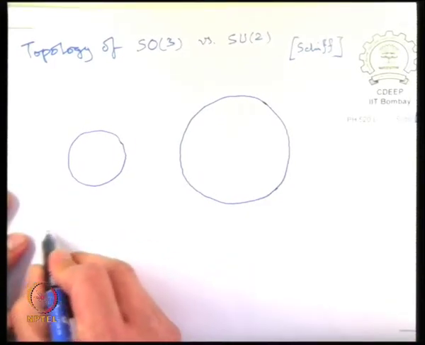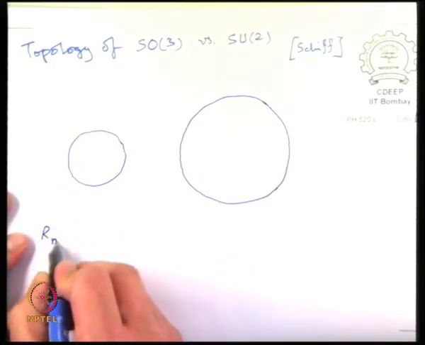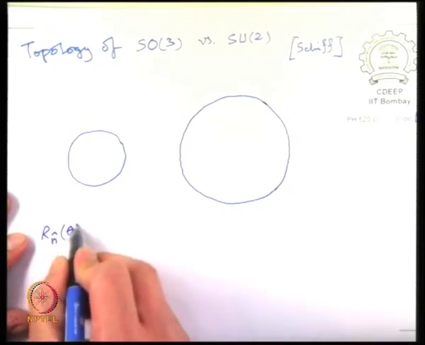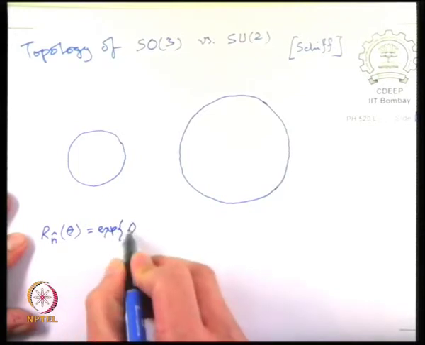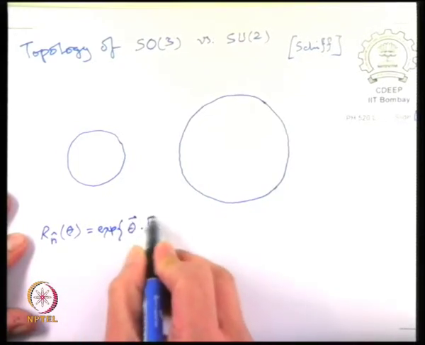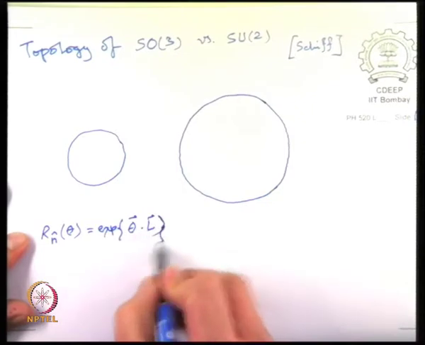So we want to represent something like R of n cap theta is exponent of theta times n cap dot L. Okay, so for simplicity just take this.